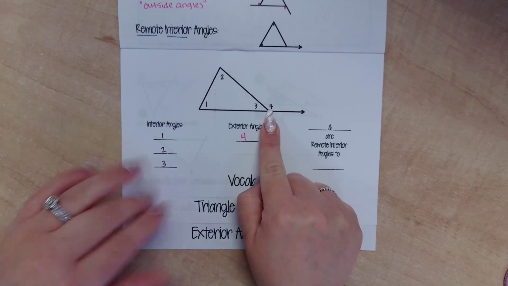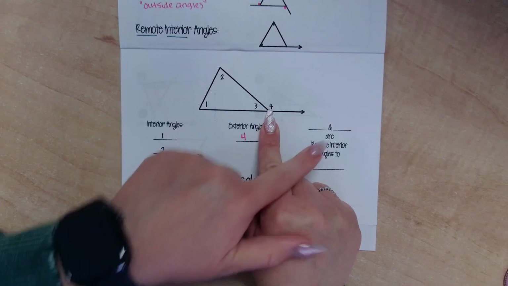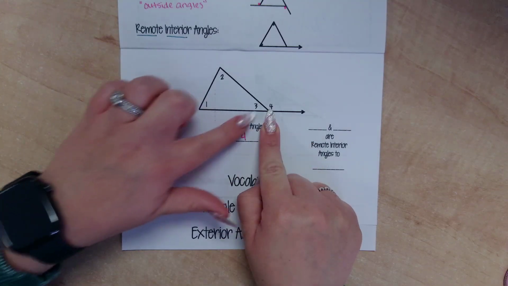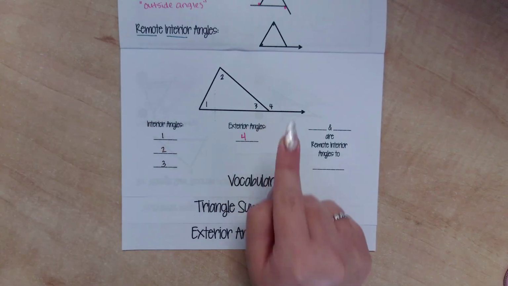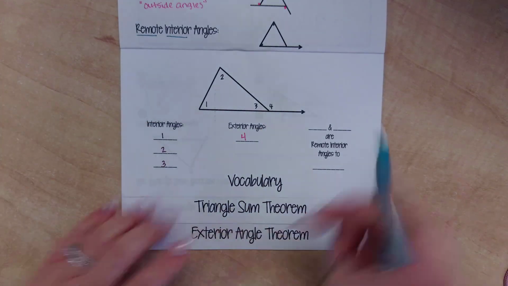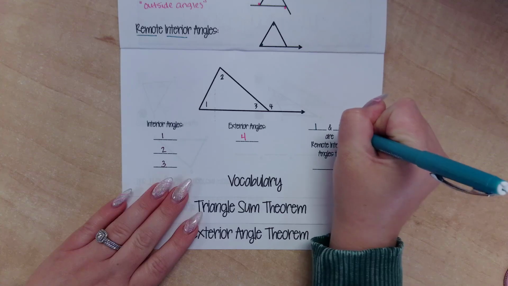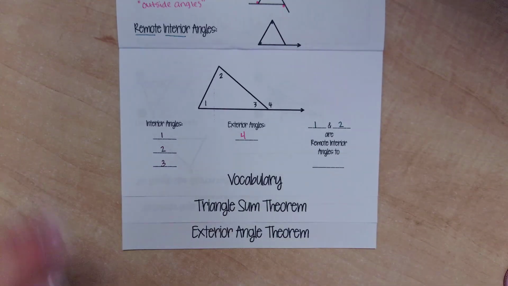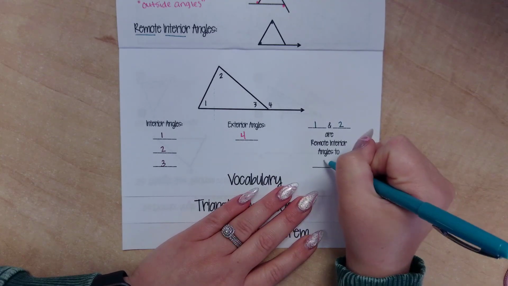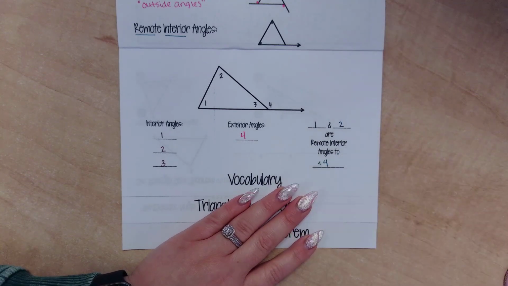So the angles that are inside the triangle, because it does have that word interior, the interior of the triangle, but not directly touching angle 4, are going to be angles 1 and 2. And how you can identify that you're calling this remote interior is you say 1 and 2 are remote interior angles to angle 4. I'll put the little angle sign.